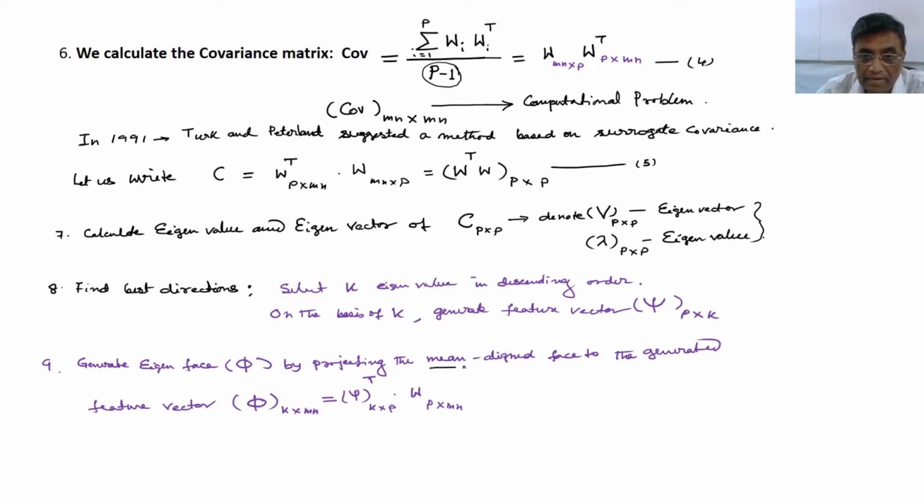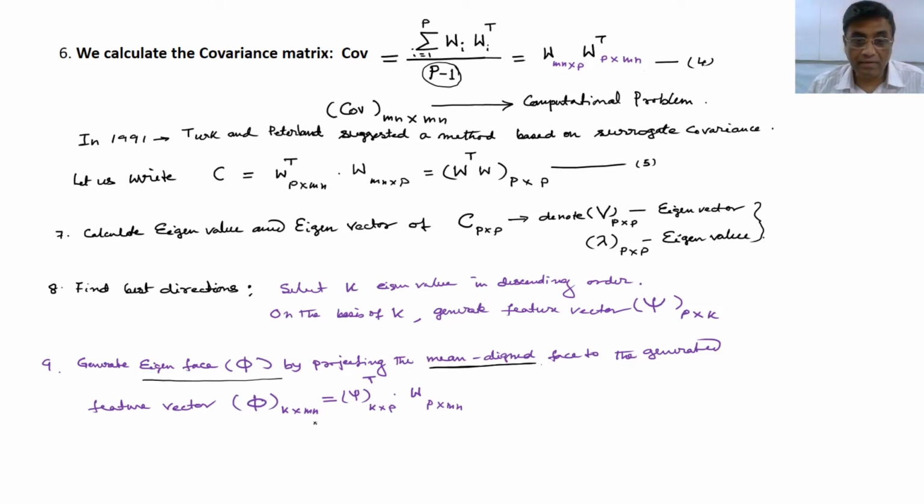This is very, very important. We always check the dimensions. So now I am creating eigenfaces. The fundamental is clear: you have P eigenvectors through eigenvalue decomposition of this matrix, you select k out of P, and then you project your data on k.